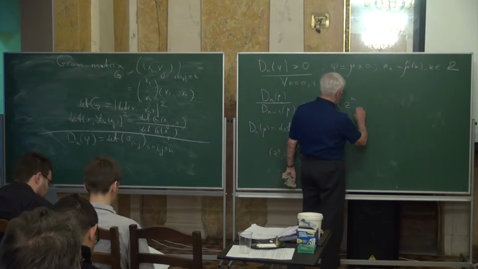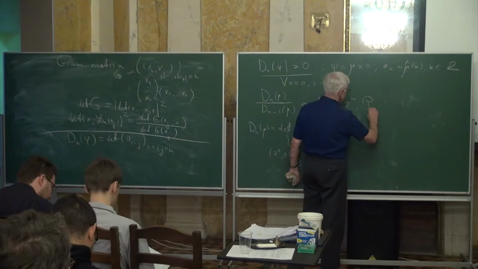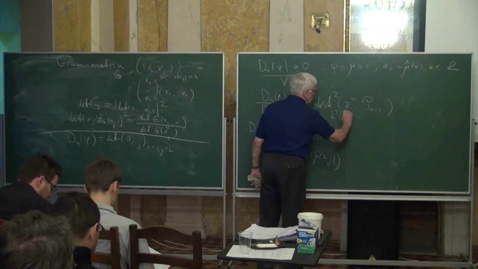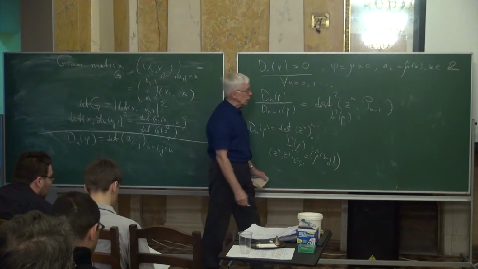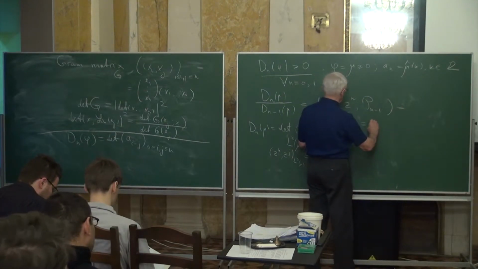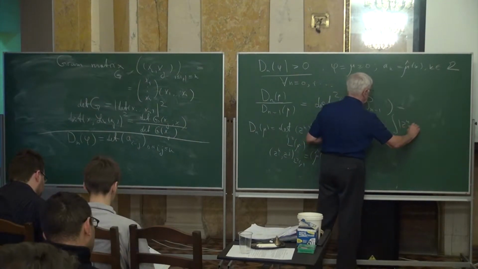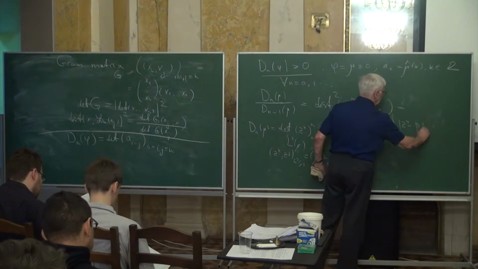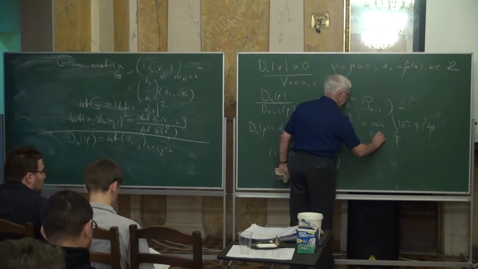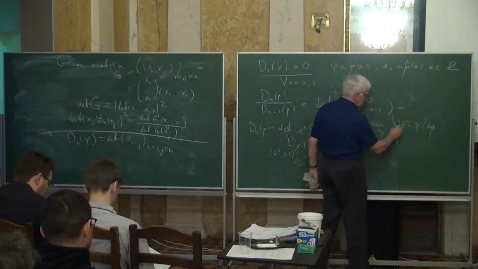And so we have this formula, and this is the minimum of the integrals of |z^n minus p|^2 d mu over all p in P_{n-1}.